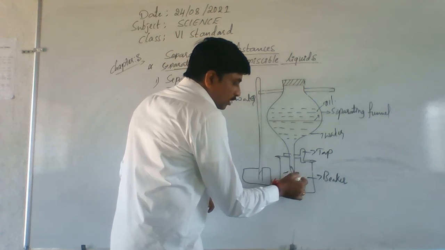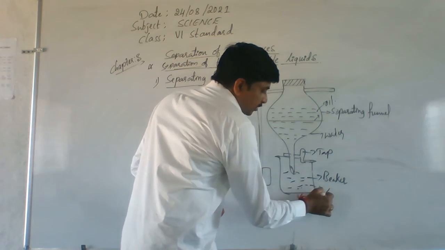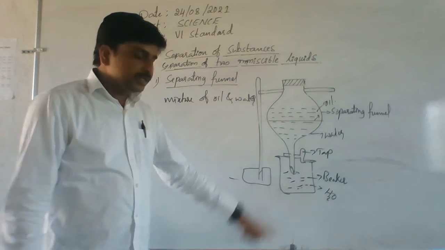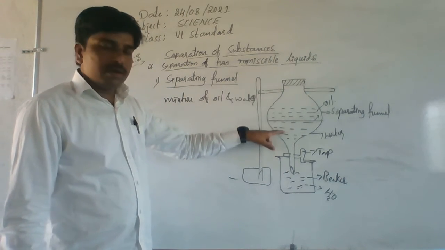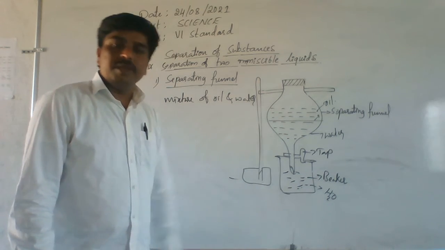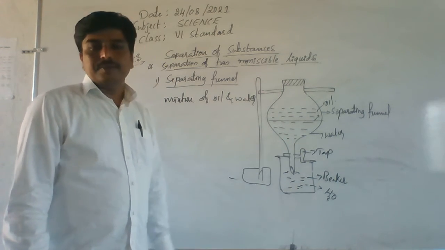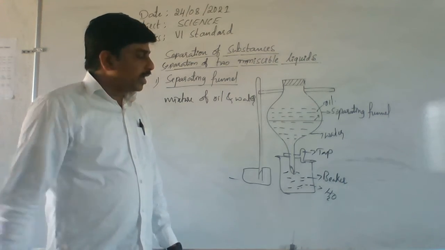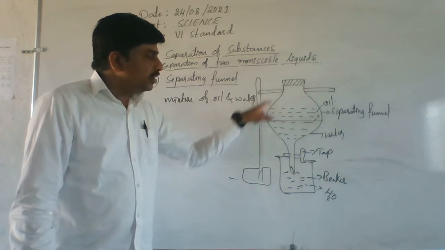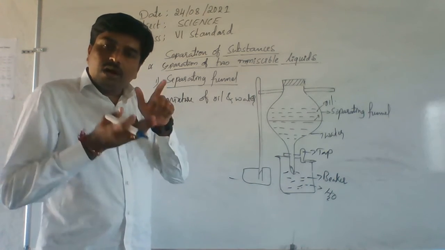Keep the tap open until the water is completely collected in this beaker. See here, the water is collecting in the beaker. When the water has completely fallen into the beaker, slowly close the tap. In the beaker we collect water, and in the separating funnel oil remains.